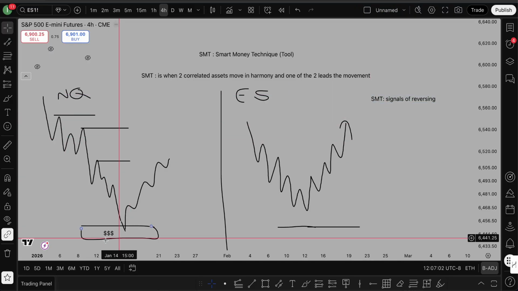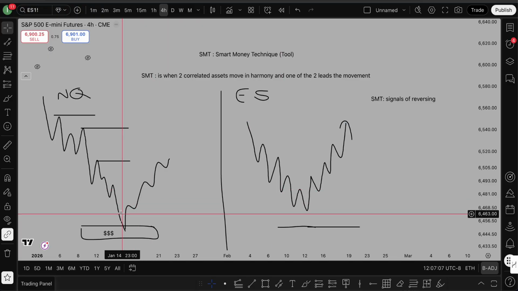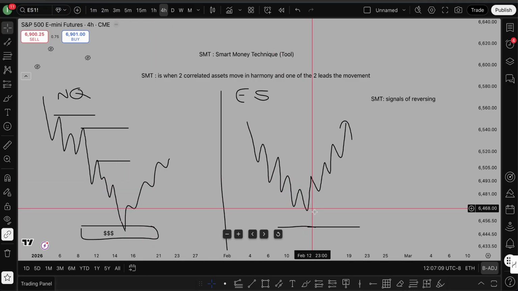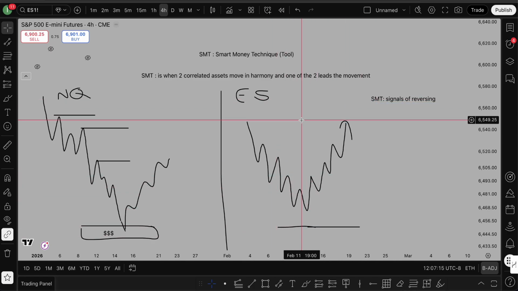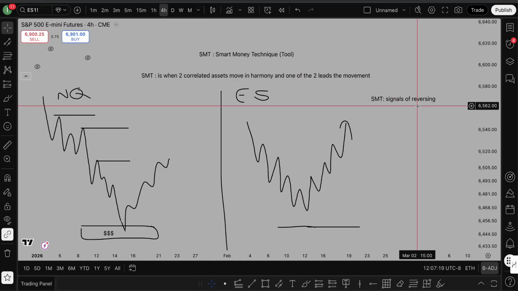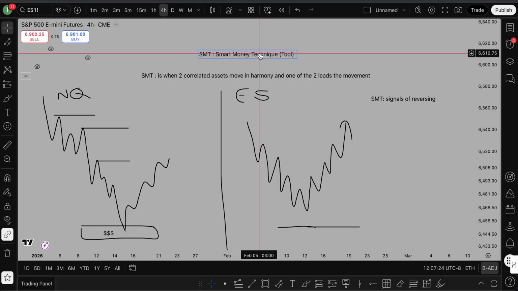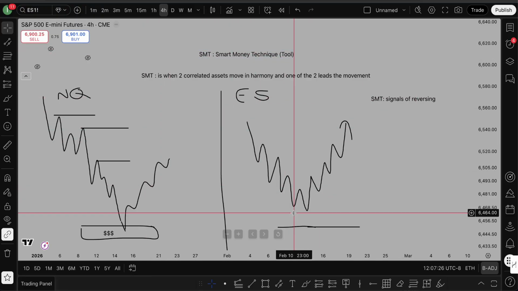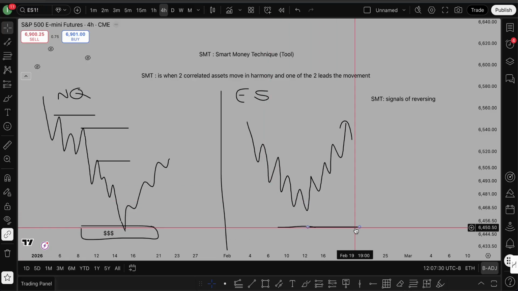So if we take out one level on NQ and then ES starts following the behavior of NQ and it didn't take out a level, then we can be pretty sure that we don't need to take this level. So that's pretty much what SMTs are. It is a signal of reversing, and it is a smart money technique for catching reversals. So I don't really use SMTs for catching reversals, I guess.